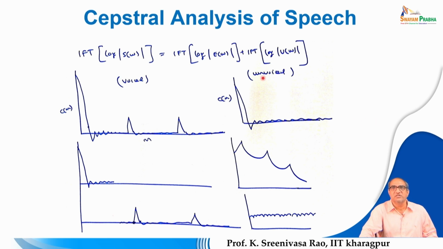Since in unvoiced speech the excitation is non-periodic, random, noisy, you don't observe periodic peaks in the excitation, whereas in a voiced segment you can see periodic peaks in the excitation. And here also the initial portion corresponds to the vocal tract response, the vocal tract characteristics of the speech, and the rest corresponds to the excitation part.